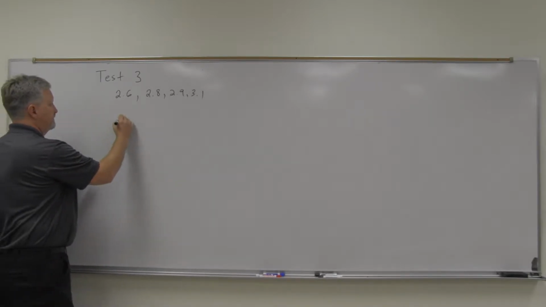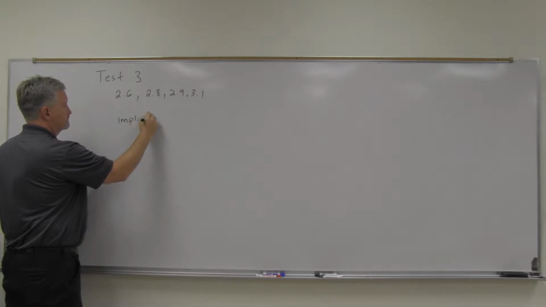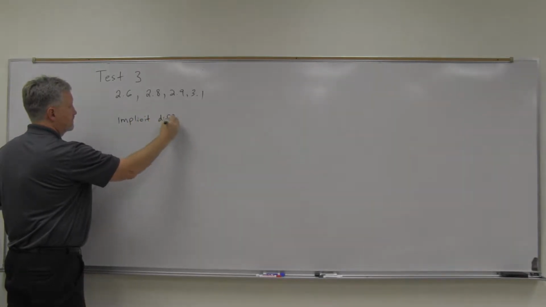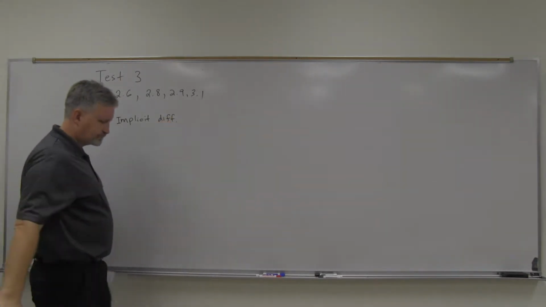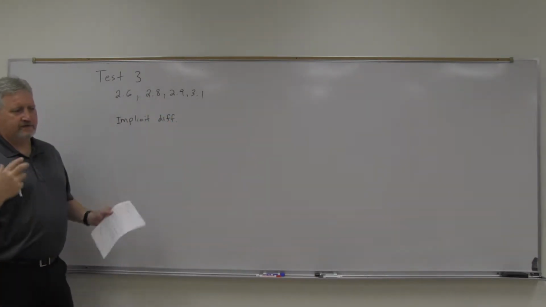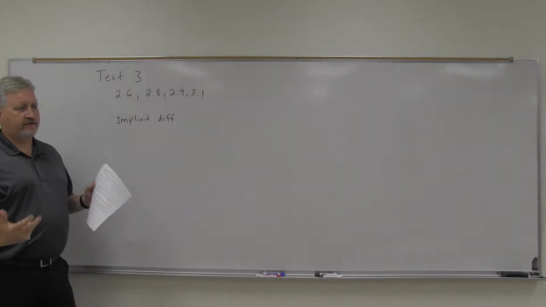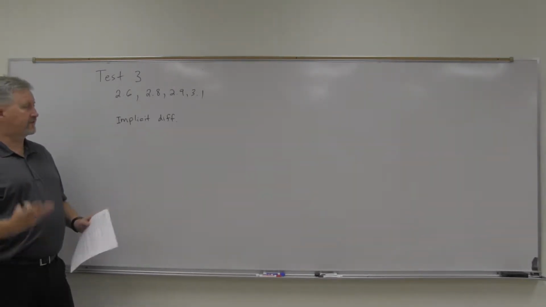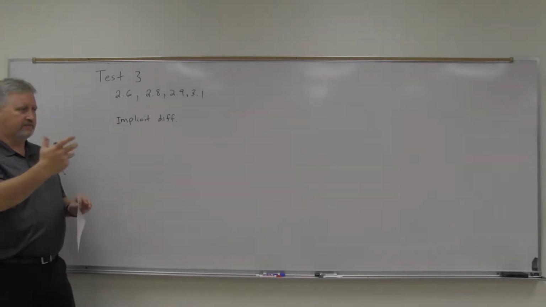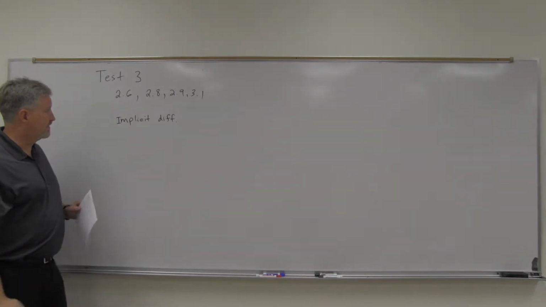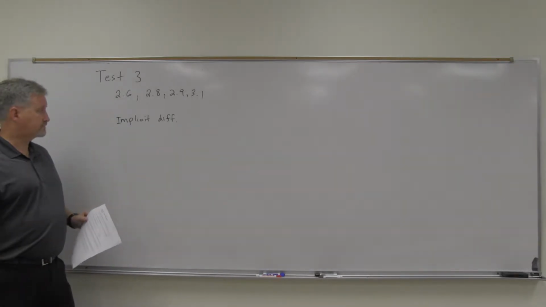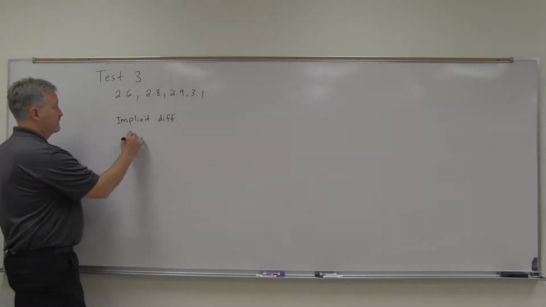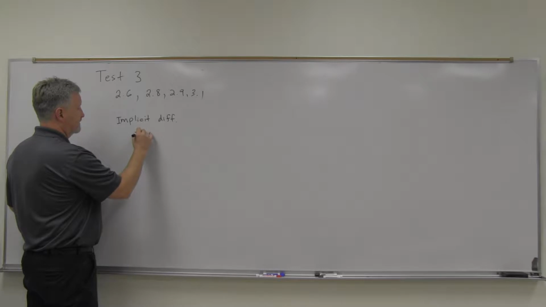It was the implicit differentiation. Yeah, that's an important method because it allows us, for one thing, if we can't get y equals explicitly in terms of x, this gives us a way to differentiate those.